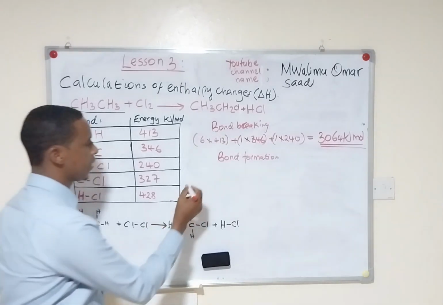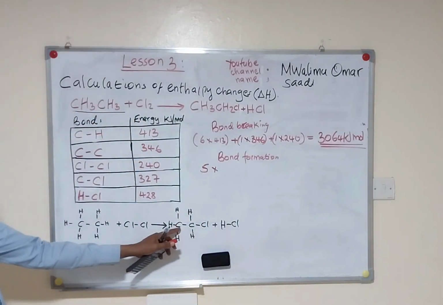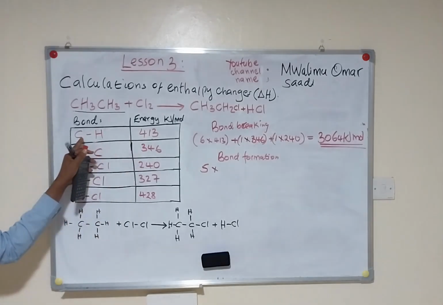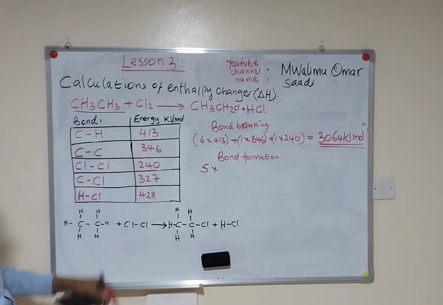So that is 5 times the carbon-hydrogen bond energy, which is 413.